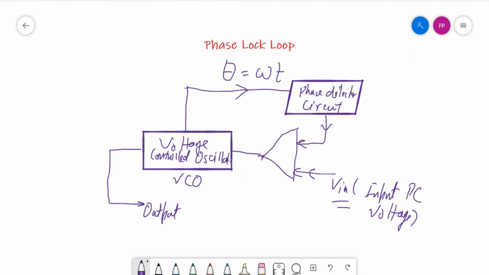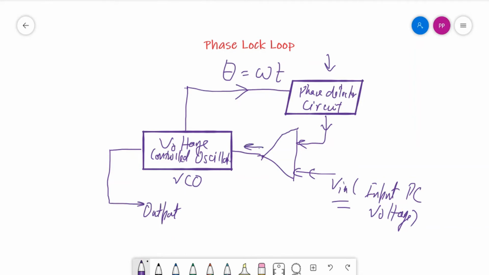The phase detector circuit, as you can see here, will convert the phase of the voltage controlled oscillator into an equivalent voltage. This equivalent voltage is compared with the input, which is a DC.